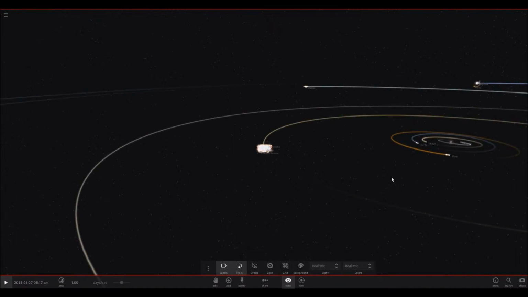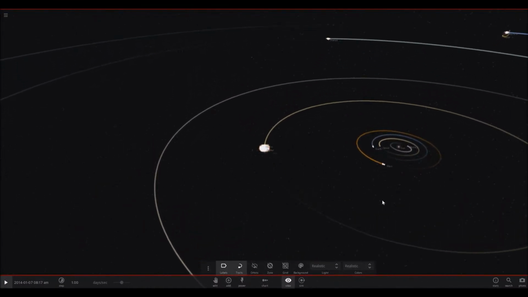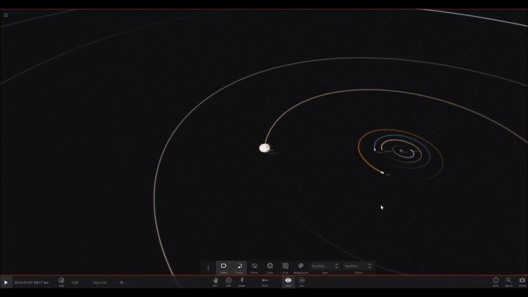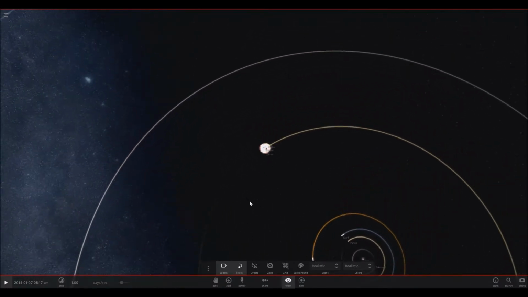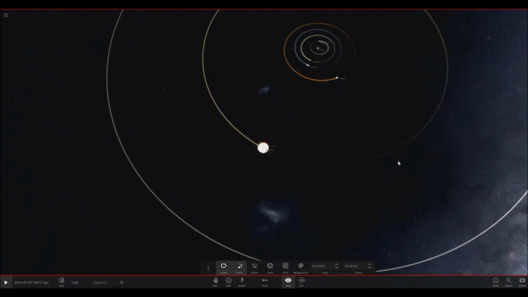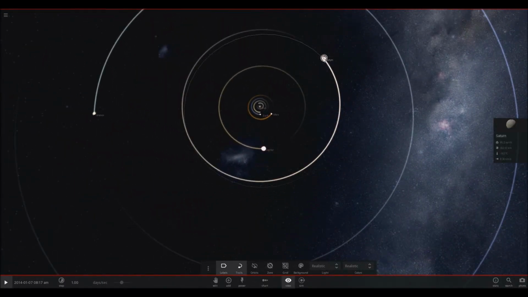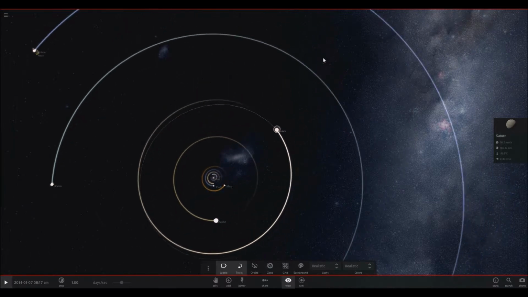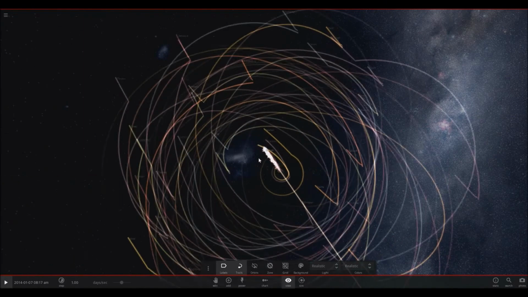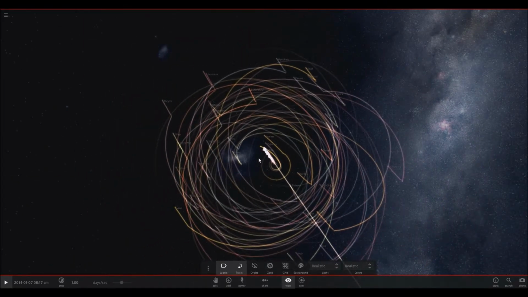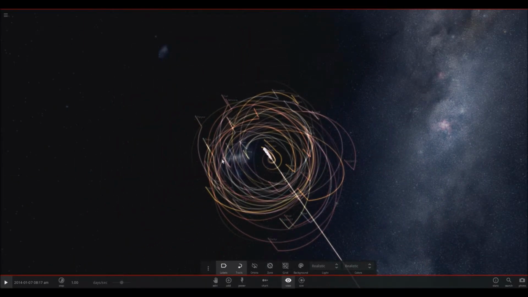Next up we've got Saturn, and if we pop the trails back on just so we can get our bearings. Okay, zoom out a bit, there's Saturn. Saturn has got 62 moons, which again is hectic. We've got a hectic amount of movement going on around the planet.